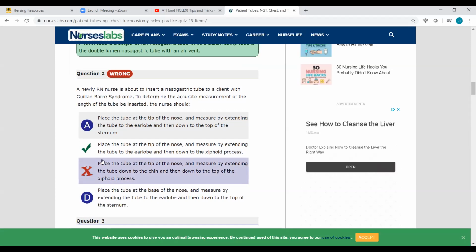It's B. So the tip of the nose, by measuring the tube to the tip of the earlobe and then down to the xiphoid process. So tip of the nose, tip of the earlobe, xiphoid process.